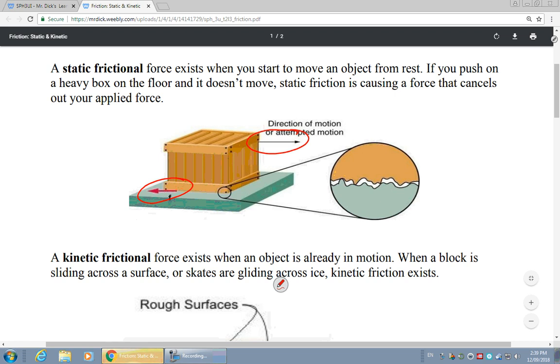Now, the reason why this friction exists is better understood if we look a little bit more at the microscopic level. This diagram is blowing things up for you, imagining that you could zoom way into the microscopic level of what's going on between the bottom of the box and the top of the surface it's sitting on. There are all these little bumps and grooves, and you can see that in static friction, a lot of those bumps and grooves get locked into place.